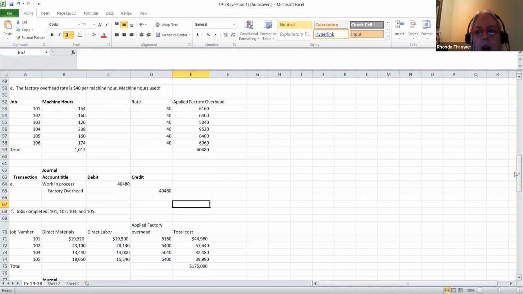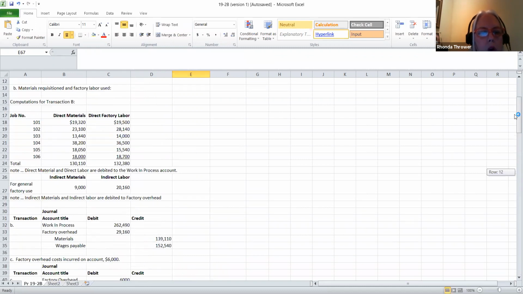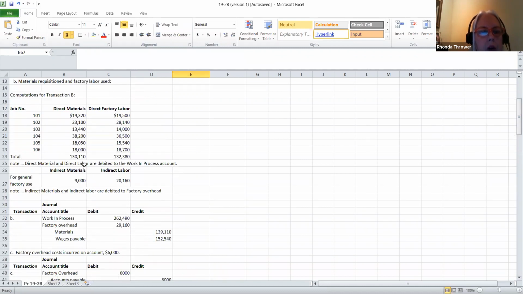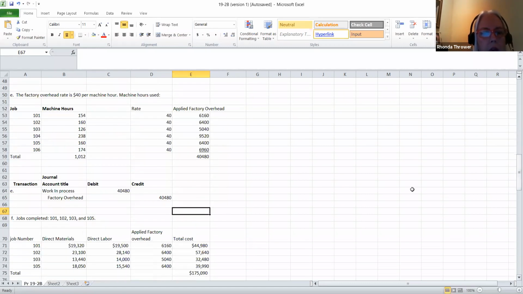Again, your work in process, you will remember, was debited for the materials and the direct labor, and now we've got the applied factory overhead that would also be debited to this work in process account.